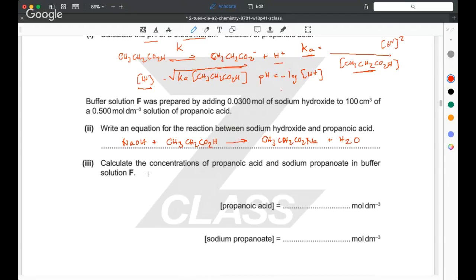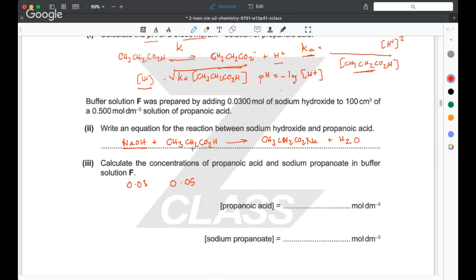Now what's happened is we took 0.03 moles of sodium hydroxide, and we've added it to 100 centimeters cubed of 0.5 mole per decimeter cubed propanoic acid. If you work that out, you end up that the amount of propanoic acid is 0.5 moles.